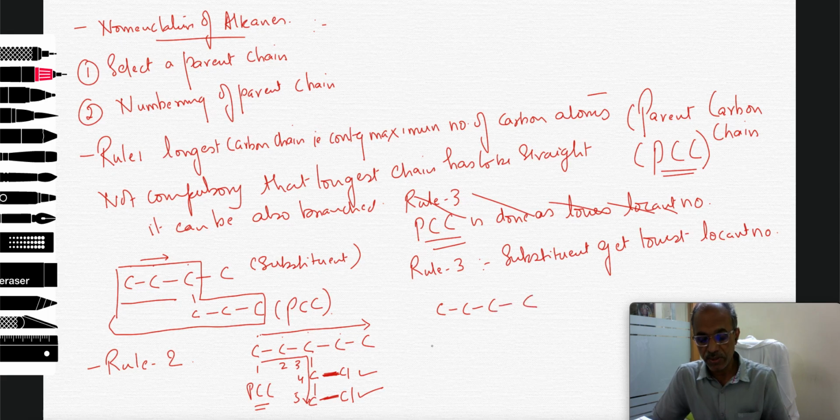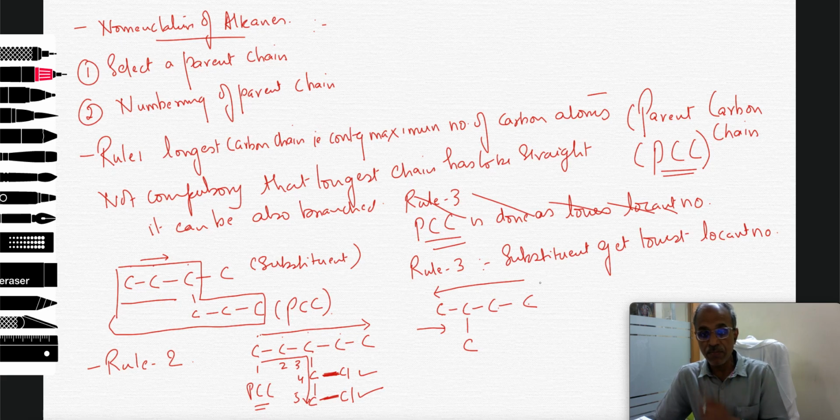Here there is a substituent. Now if I go like that 1, 2, 3 and 4, at third position there is one substituent. If I go from here like that 1, 2, 3, 4, at the second position there is a substituent.